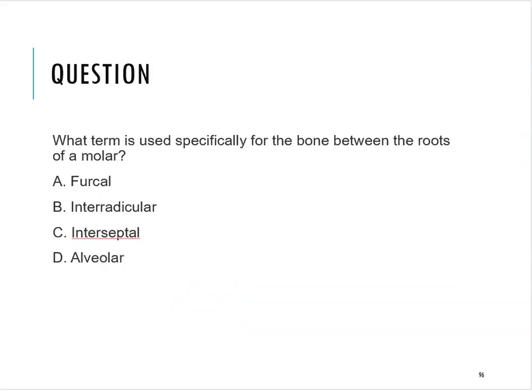So actually, let's look at this question. What term is used specifically for the bone between the roots of a molar? So if I were to draw a tooth, this part over here, what is this called? And if you said intraradicular, you are correct. Inter means in between, and radicular is between the roots.